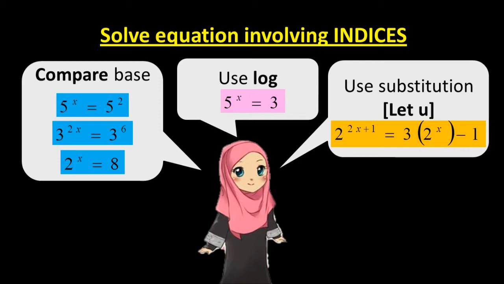Sebab apa? Sebab kita ada tanda tolak dekat belah kanan. Okay, so there's no way kita boleh gabungkan dia. Okay, that's why we need to use substitution. Let u. Ada lebih satu term dekat salah satu belah dan tak boleh gabung jadi satu base sahaja.